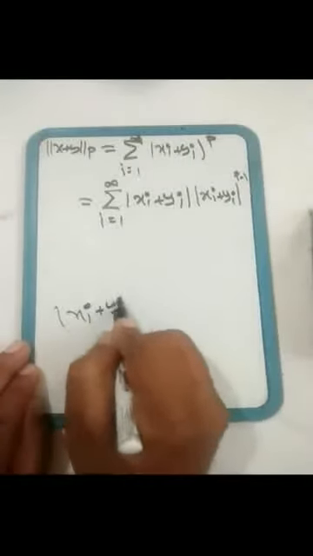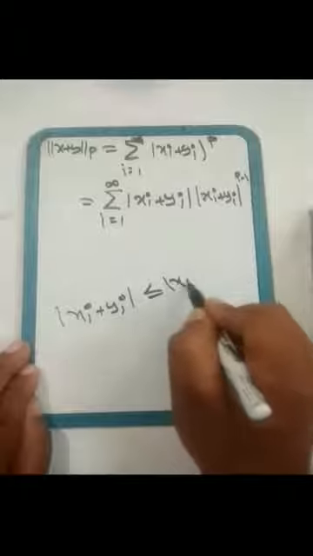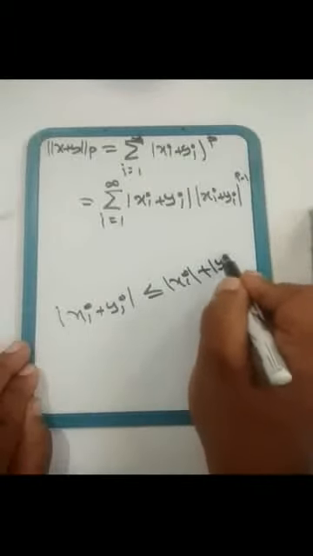for real numbers xi, yi. So what do we have?